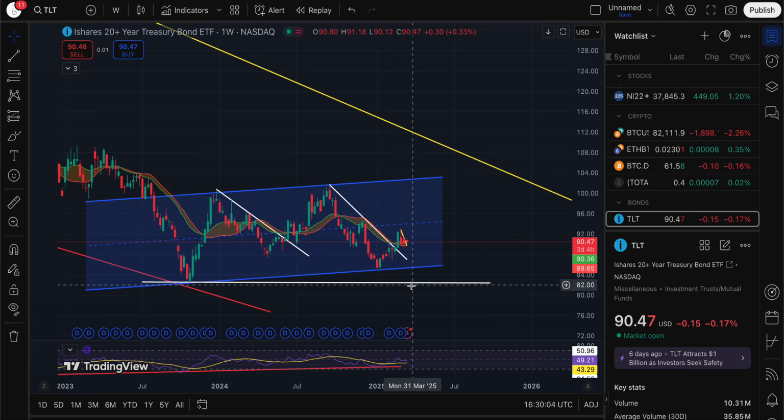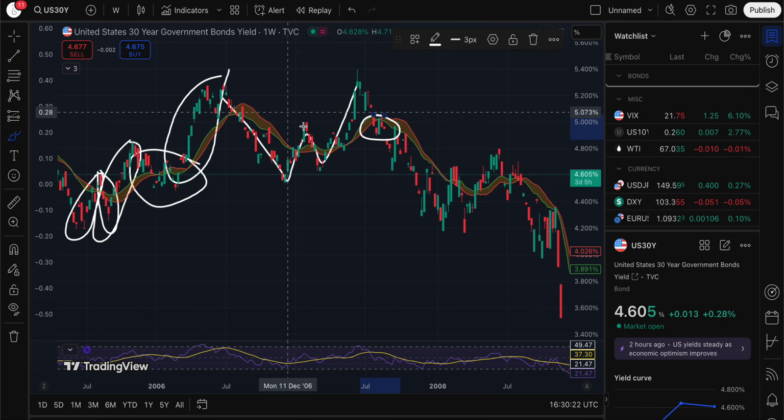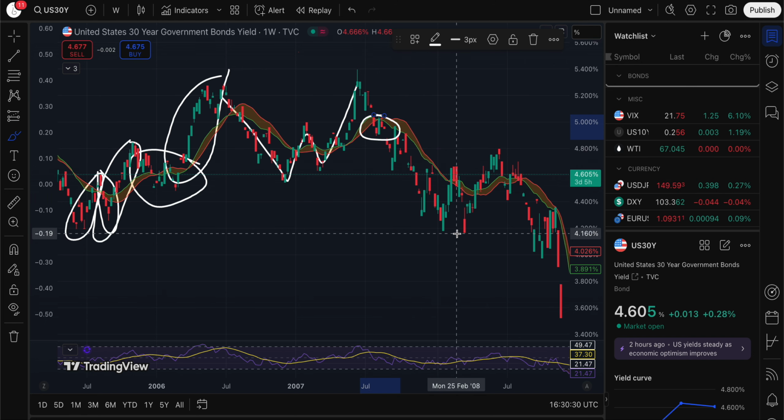Of course. If, on the other hand, you continue to see economic data surprise to the downside, you make the case for a slowdown stronger. And so it just makes the case for a possible repeat of what you saw in 2007, where yields continued to move towards the downside.